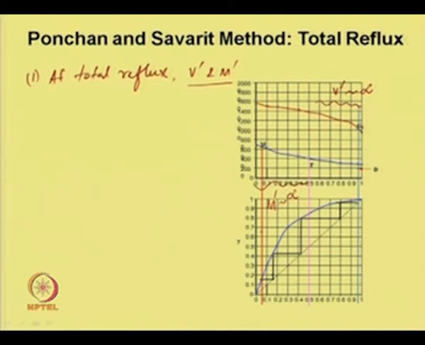The line which joins M dash and V dash will be a vertical line. So, all the lines between M dash and V dash will be vertical lines.